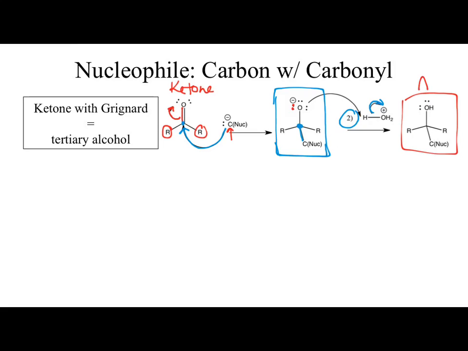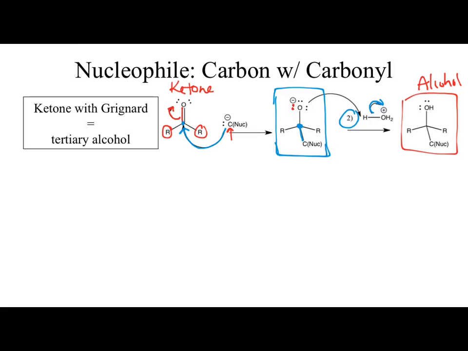An alcohol. What type of alcohol do we have? We have a tertiary alcohol. So if we start with a ketone and react it with a carbon nucleophile, also known as our Grignard reagent, we can generate a tertiary alcohol. Okay? Questions about any of that?